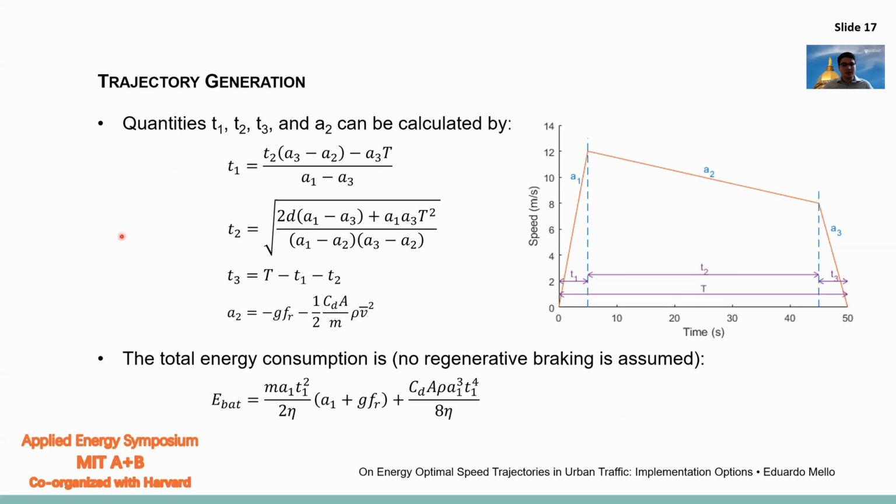Based on these equations, we can obtain a system of equations to calculate the quantities T1, T2, T3, and A2. We can also estimate the energy of the battery, if we assume no regenerative braking, by the equation shown at the bottom here.